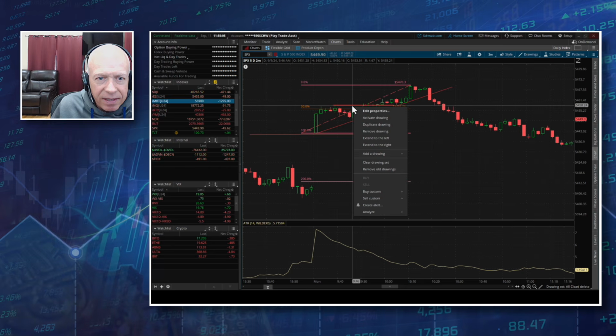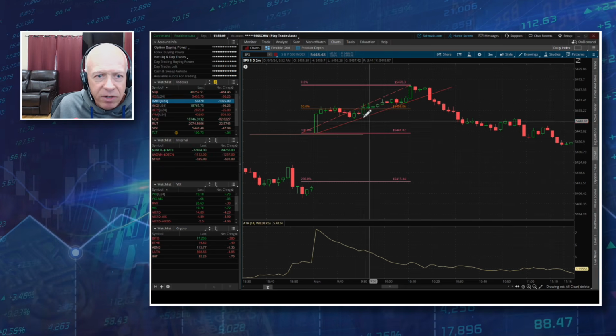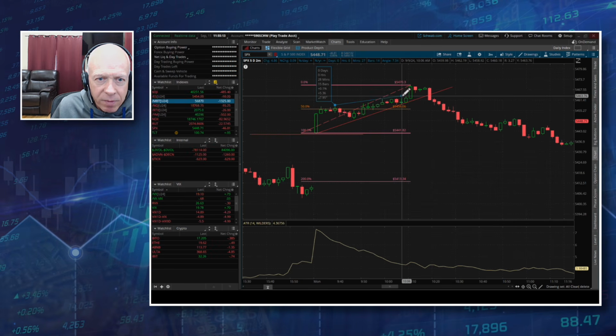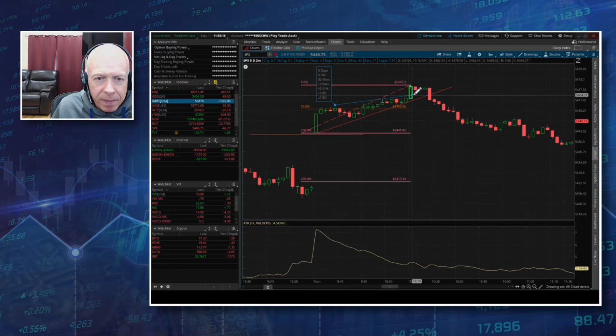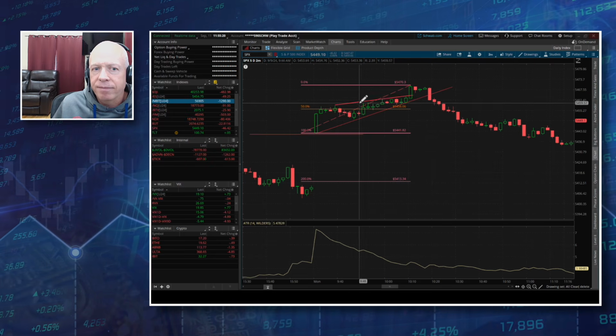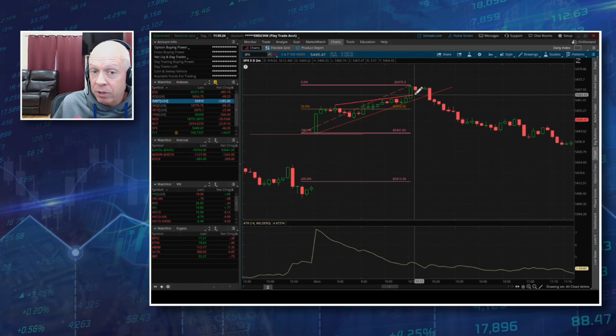Let me remove this drawing. This is getting kind of diagonal here as far as a resistance point, right? But I can do my resistance point here. This is another area that I could look at for a reversal to come into play.